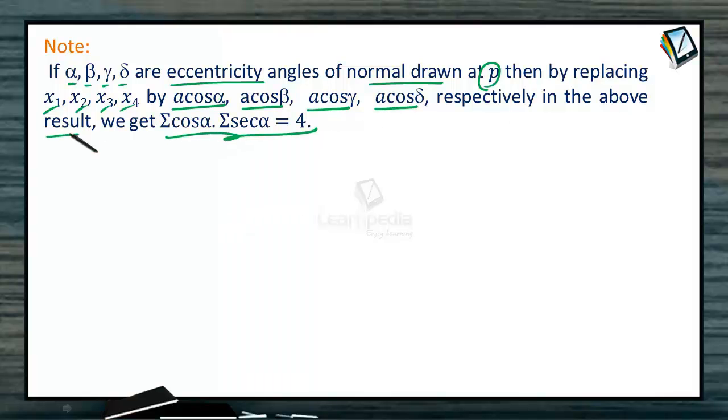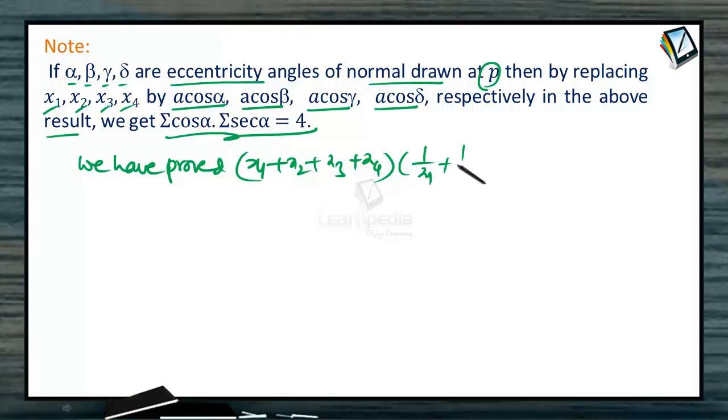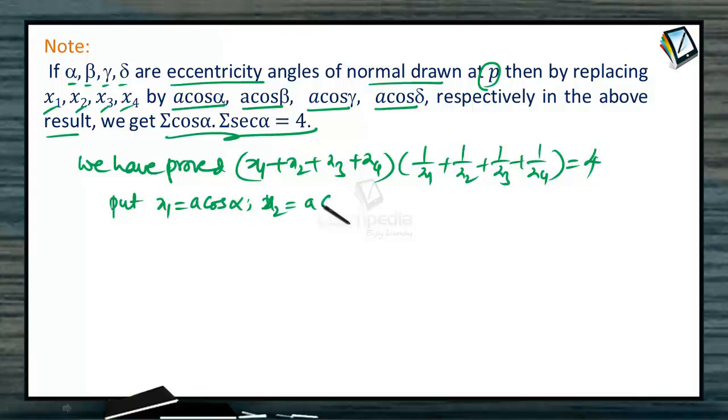We have already proved x1 plus x2 plus x3 plus x4 times 1 by x1 plus 1 by x2 plus 1 by x3 plus 1 by x4 is 4. Here we place x1 as a cos alpha, x2 as a cos beta, x3 as a cos gamma and x4 as a cos delta.